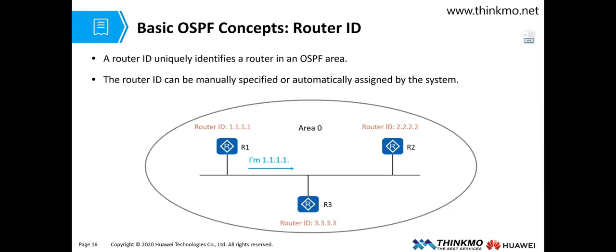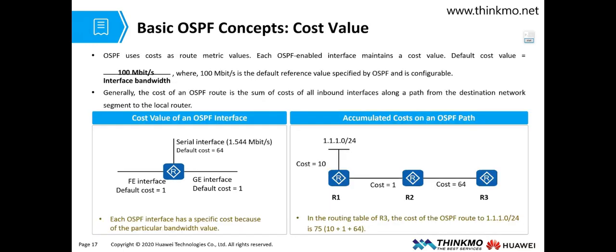Besides the concept of the router ID, we also need to understand another concept, which is the calculation of our OSPF cost value. Here, we can control this cost value. So, what is the calculation format for the cost value? It is calculated by dividing our bandwidth reference value by the actual bandwidth of our interface.